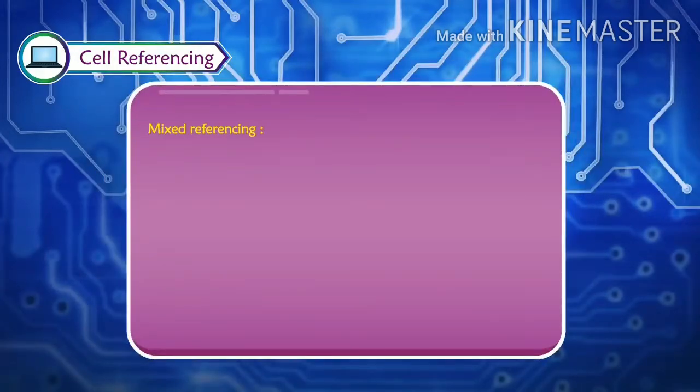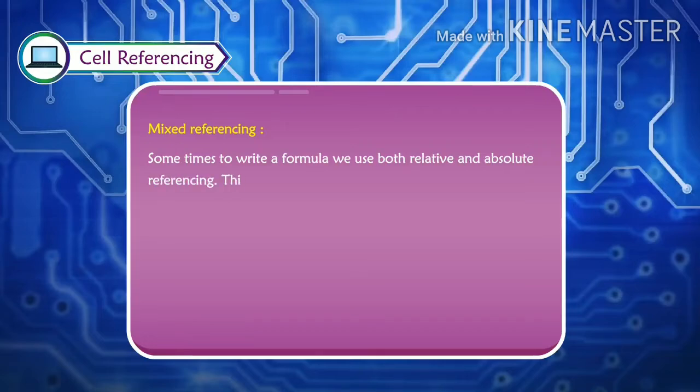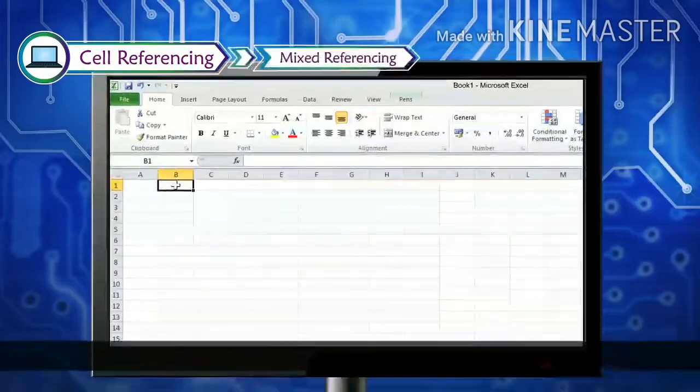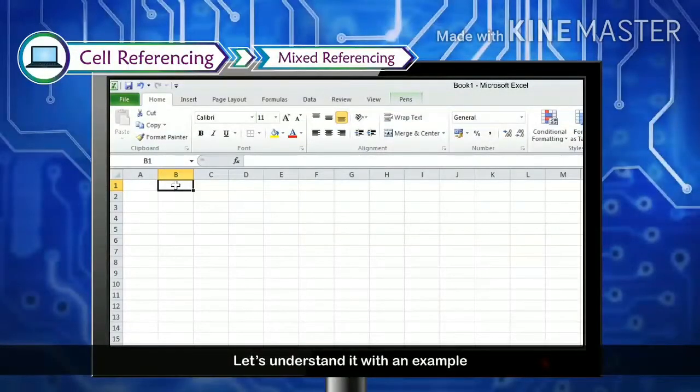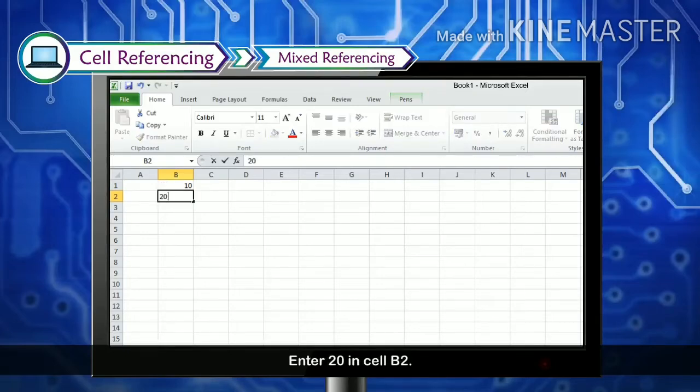Mixed referencing. Sometimes to write a formula, we use both relative and absolute referencing. This is called mixed referencing. Let us understand it with an example. Enter 10 in cell B1 and 20 in cell B2.